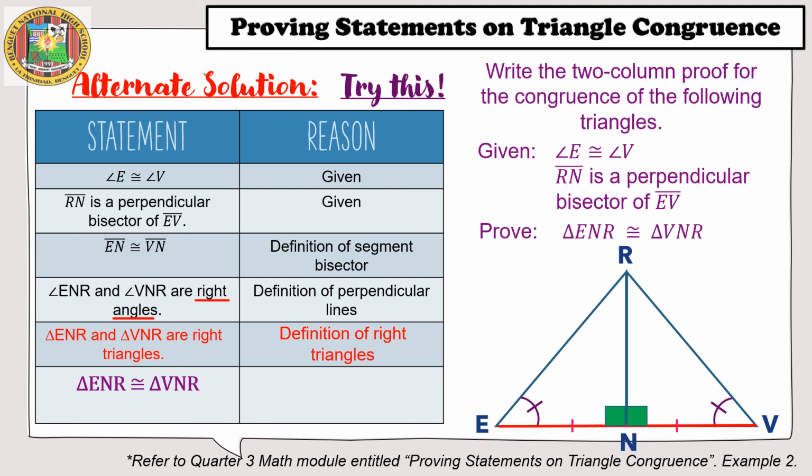By showing that the triangles are right triangles, we can now use the right triangle congruence theorems to say that triangle ENR is congruent to triangle VNR, and through the legs and acute angles that were proven congruent, the LA congruence theorem is satisfied.